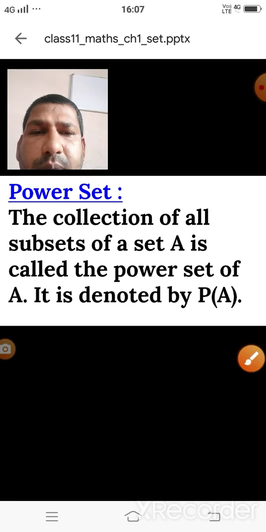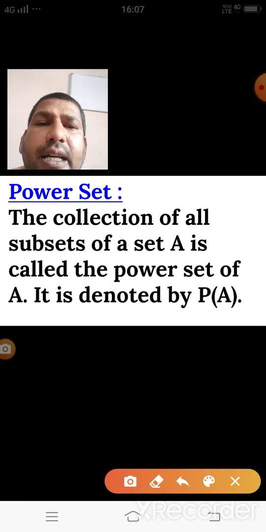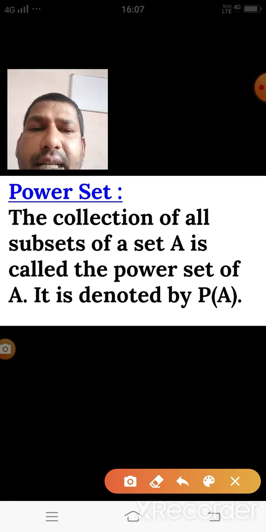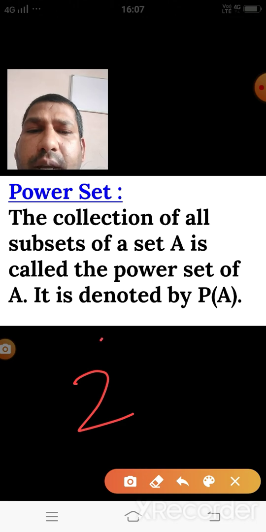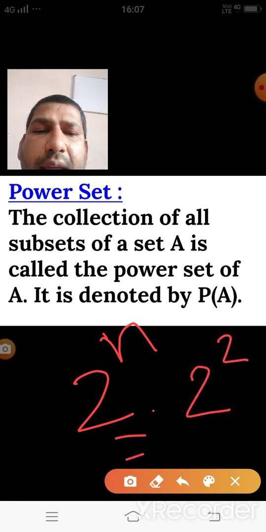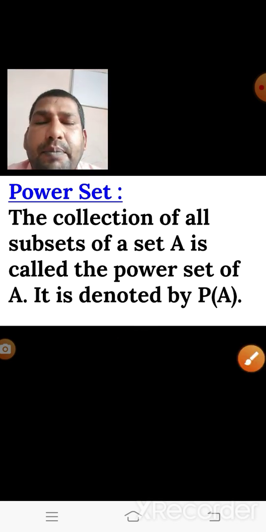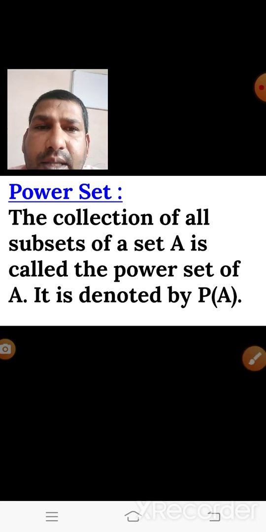Then what are the possible elements? How will you get the possible elements in the power set of the given set? Then the 2 raised to power n concept works. If you have 2 elements in the given set, then 2 raised to power 2 means 4 elements we get in the power set of the given set.